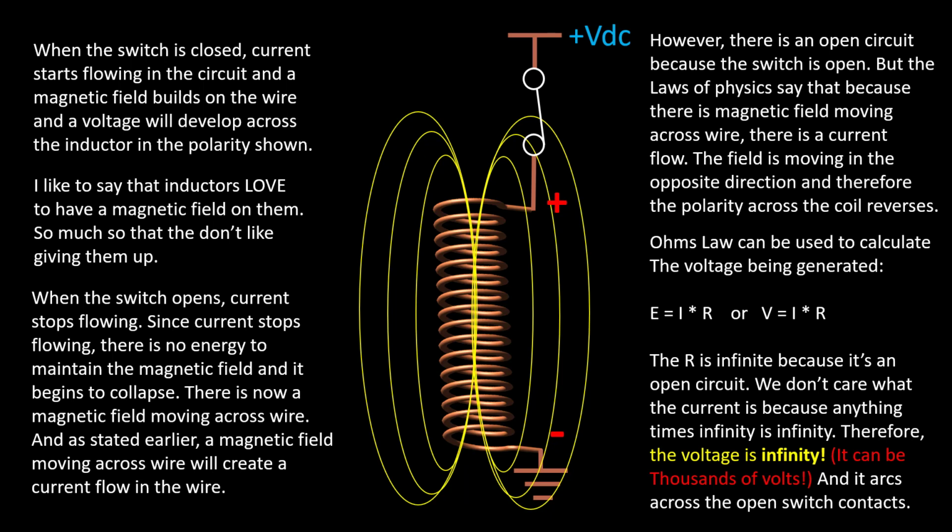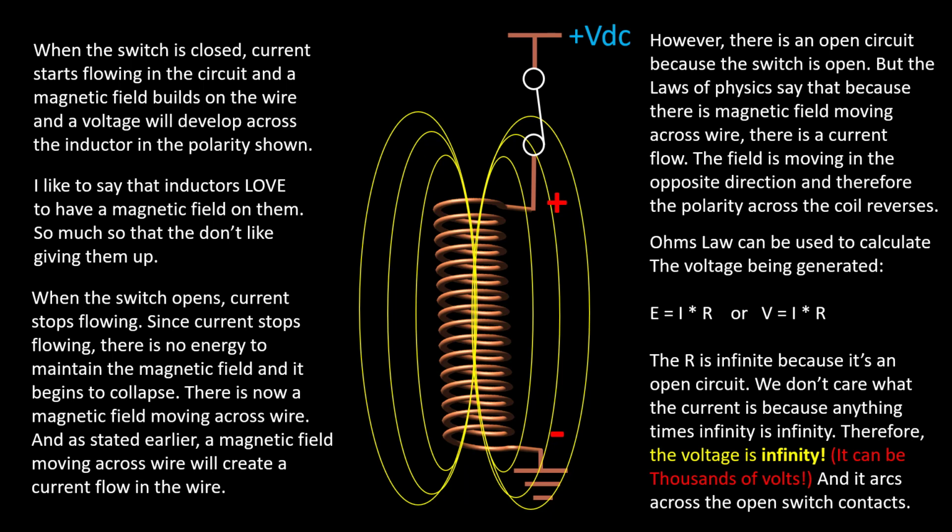But we know that if we open the switch, we're going to stop the flow of current going to that inductor. And since we stop the flow of current going to that inductor, the field is going to start to collapse.